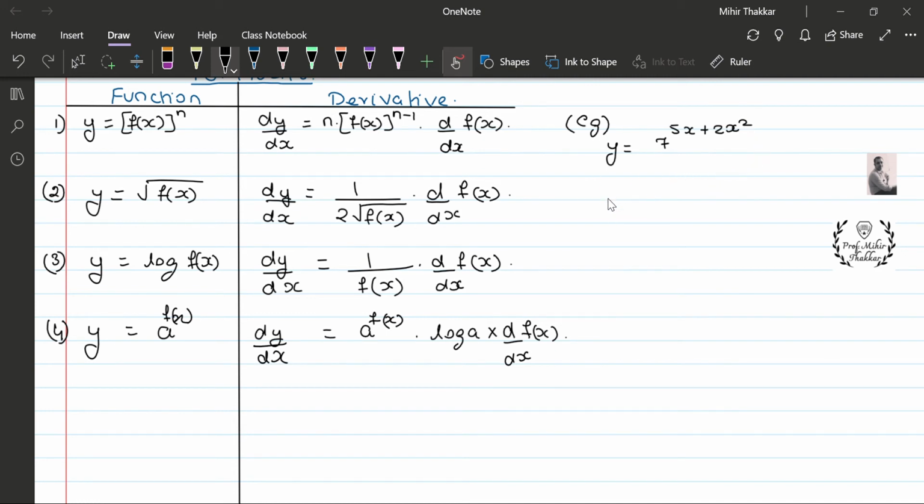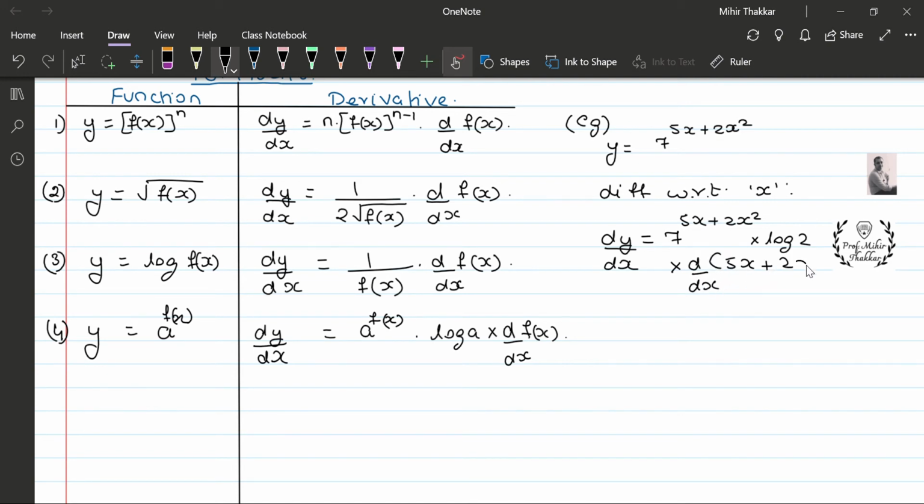So I will get dy by dx is equal to 7 raised to 5x plus 2x square multiplied by log 7 multiplied by the derivative of 5x plus 2x square.